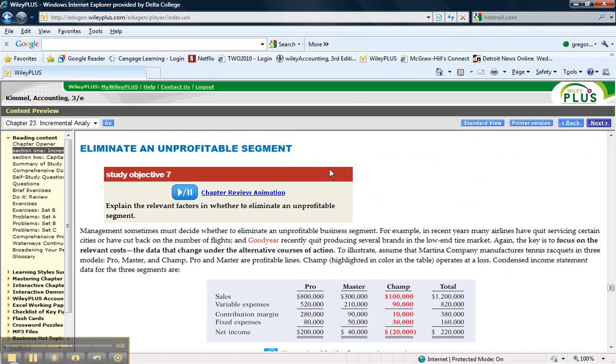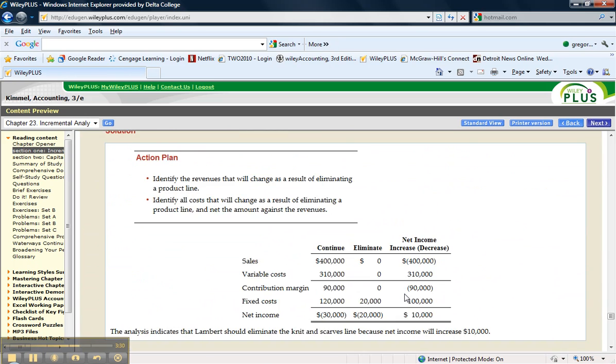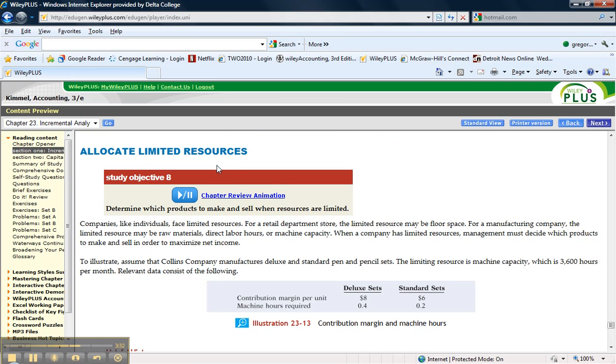Eliminating an unprofitable segment. If you have a business that has 3 different types of products that they're selling, and one of them is not producing a profit, should you automatically just discontinue that product line or not? It's not always the right answer to say just discontinue that product line. So read through that and understand why. And then allocation of limited resources.